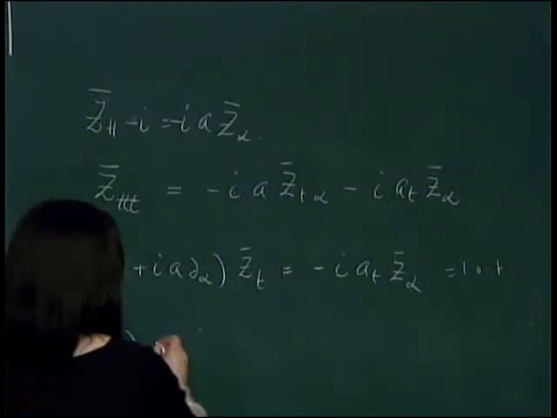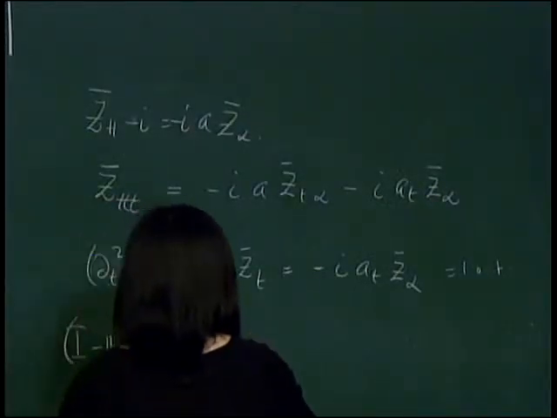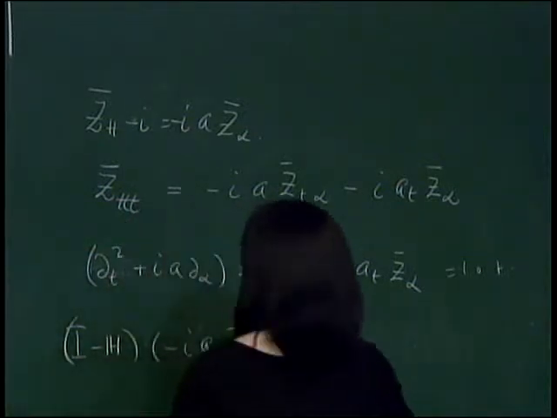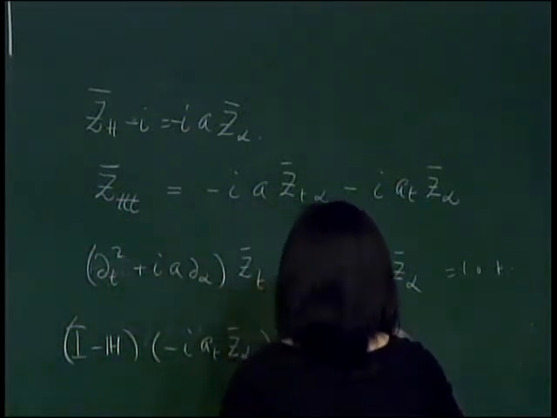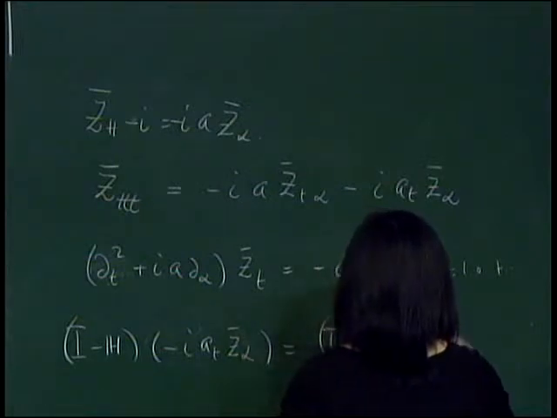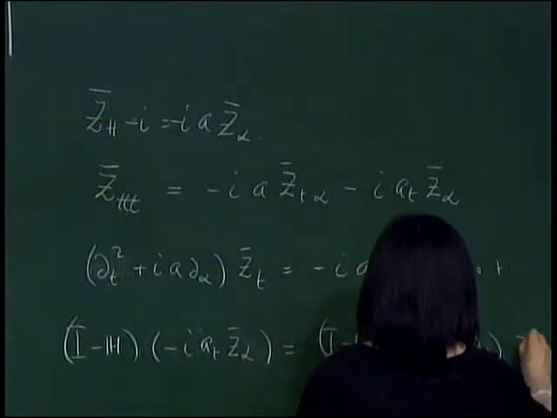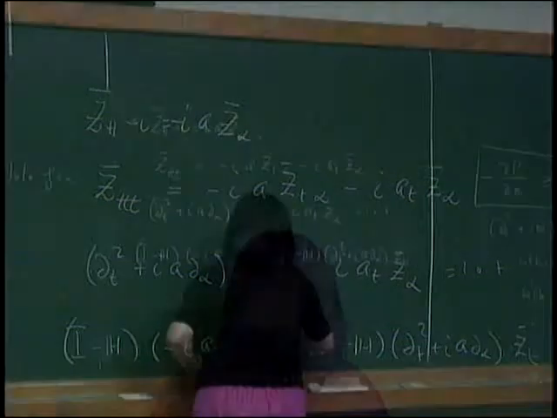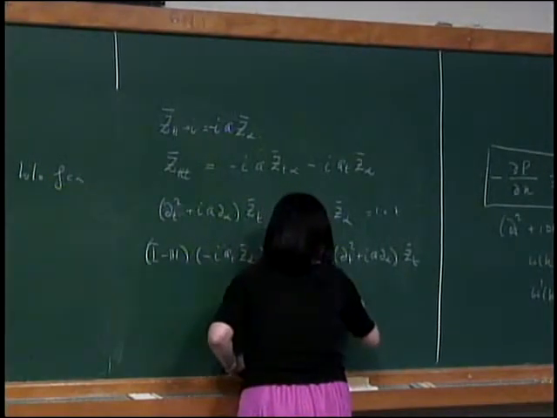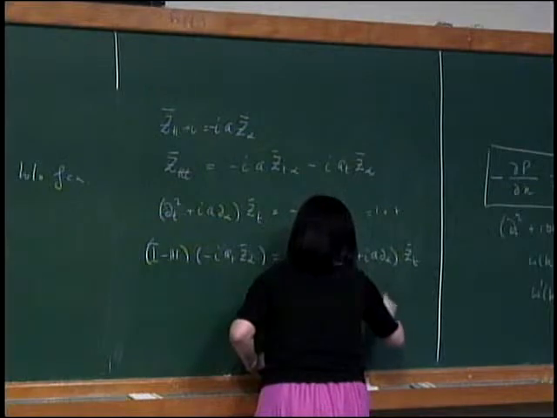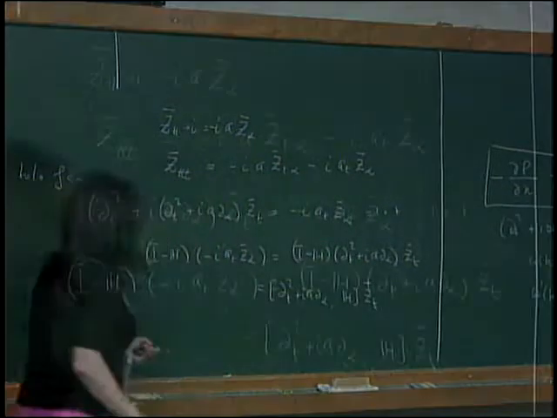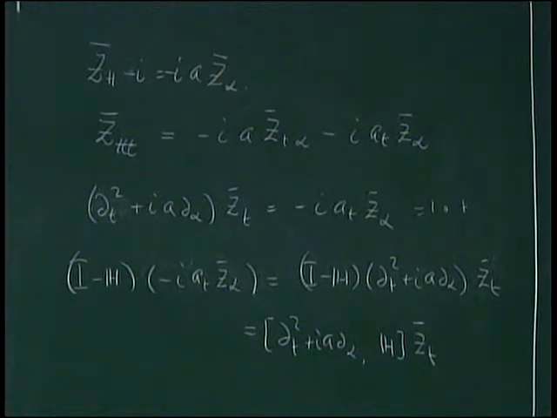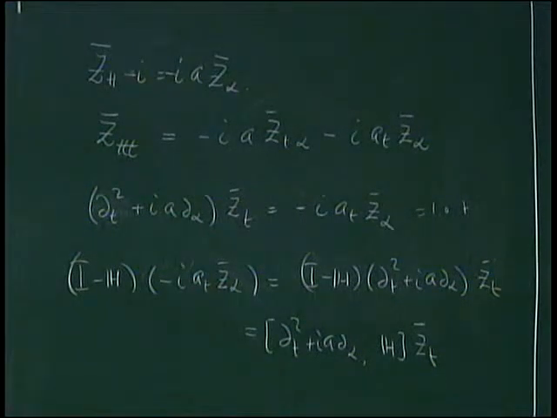I minus H of i A_t Z_alpha bar equals I minus H of (d_t squared plus i A d_alpha) Z_t bar. And this really is a commutator, because we are taking derivatives, the constant just disappears. And we know a commutator is always of lower order. So that means the right-hand side is lower order.